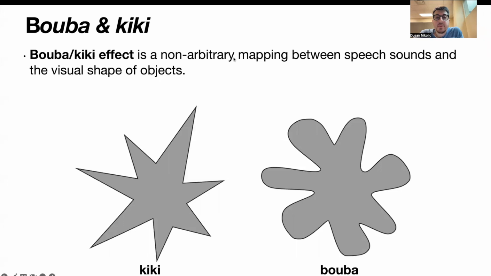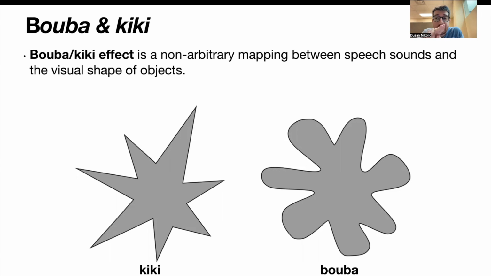For example, why is a phone called phone? No reason. Why is a pen called pen? No reason. It can be anything else. Why is desk called desk? It can be Tisch in German. Why is chair called chair? No reason. It can be Stuhl in German, and that's what we call arbitrary.